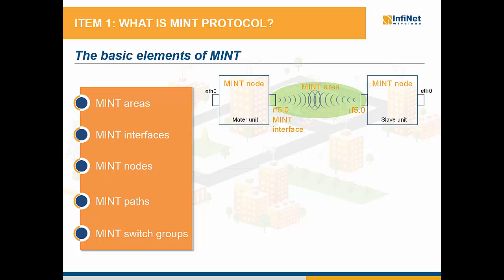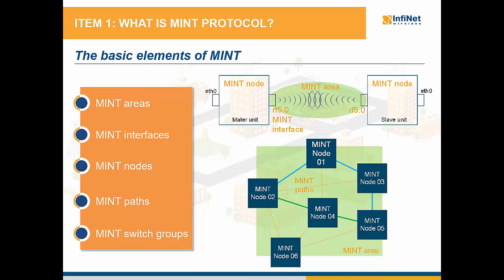We have the possibility to create PRF logical interfaces on the Ethernet physical interfaces, and in this case we can enlarge the MINT area, and of course many paths will be available for packets to reach from one node to another node. Like in the picture, in this slide, we have at least two paths from MINT node number 2 to MINT node number 5 in this topology presented.